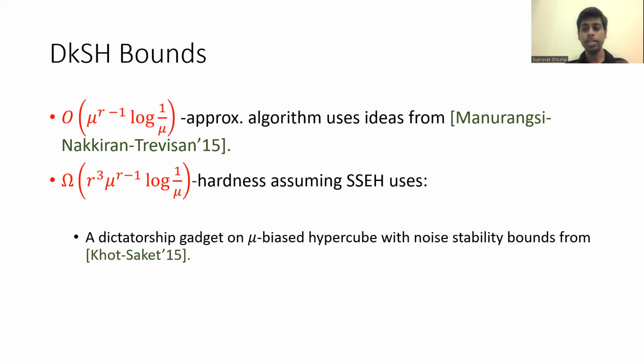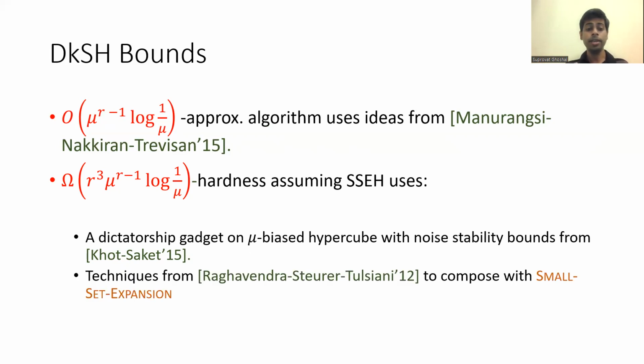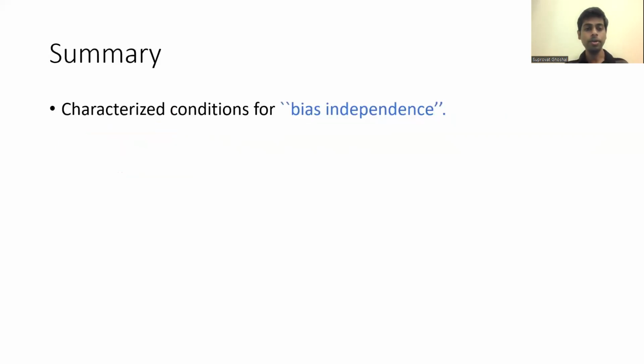So it's basically a noise stability test on the biased hypercube, and its analysis uses several Gaussian noise stability bounds from the work of Kote and Saket. We also use techniques from the work of Raghavendra, Steurer, and Tulsiani to compose this dictatorship test with the small set expansion problem as the outer verifier. So these are the broad techniques that we use in our work.